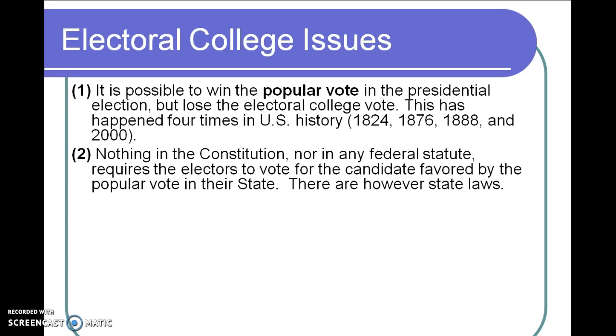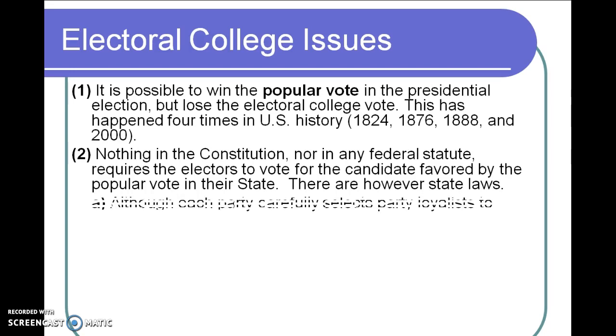There is nothing in the Constitution or in any federal law that requires the electors to vote for the candidate that wins the popular vote in their state. There are, however, state laws, and Michigan has some, and I'm going to have you look those up.